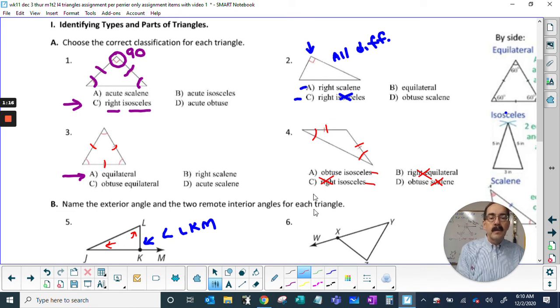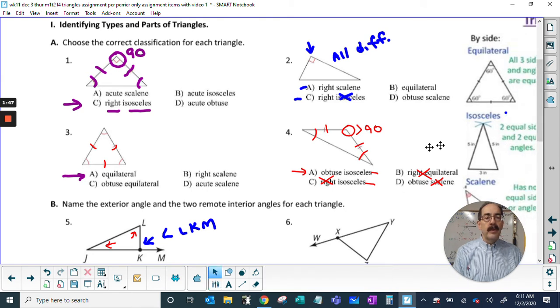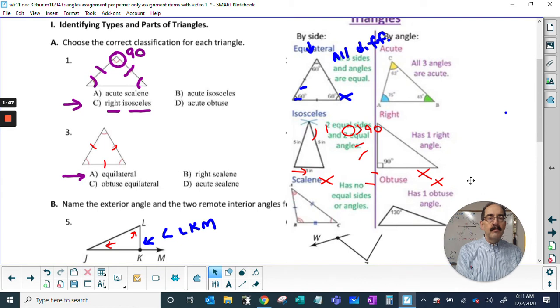So let's go with bigger than 90, okay? Bigger than 90 right here. So we'll call that obtuse, okay? So remember, obtuse is when it contains an angle bigger than 90 degrees, all right?